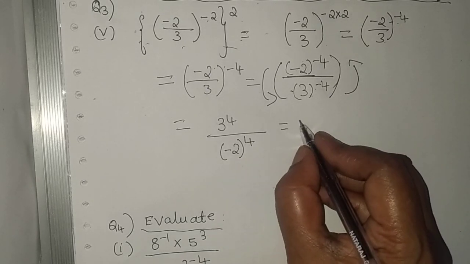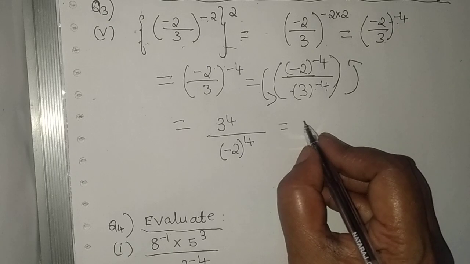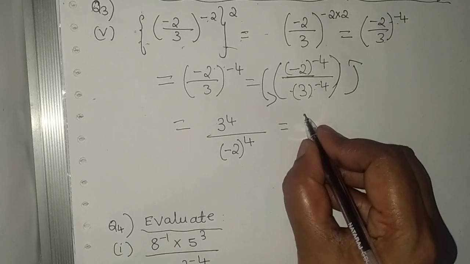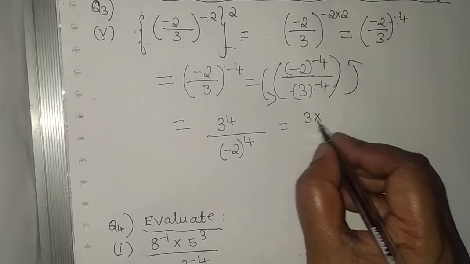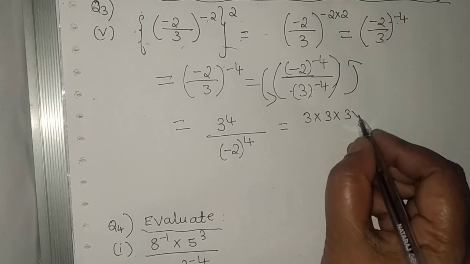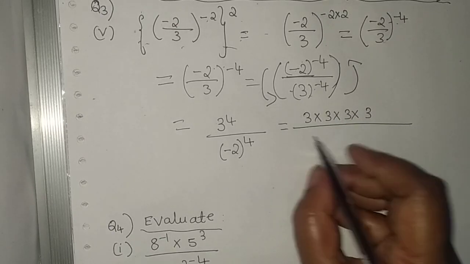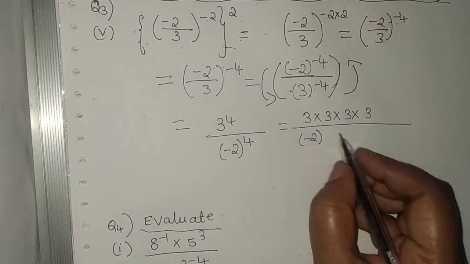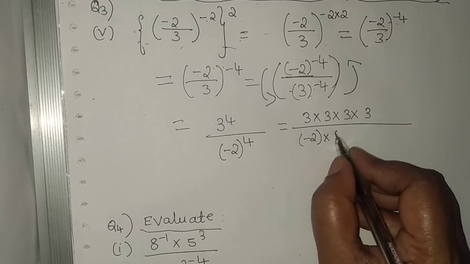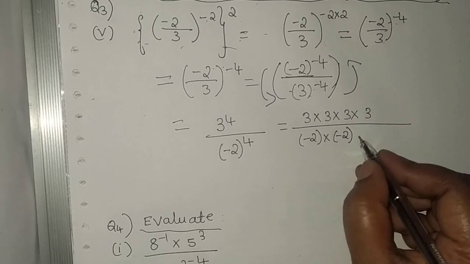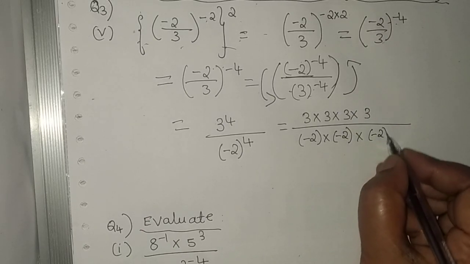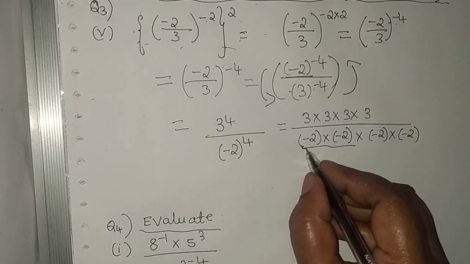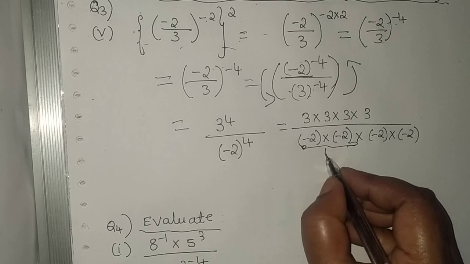So what happens now here? How many 3's do we get? So here 3 into 3 into 3 into 3. I'll just expand and write, because I'll tell you why. Minus 2 into minus 2 will always become plus 4, into minus 2 into minus 2. So these things when we multiply we will get plus 4.